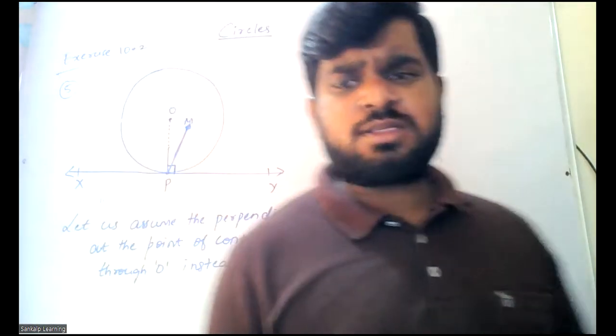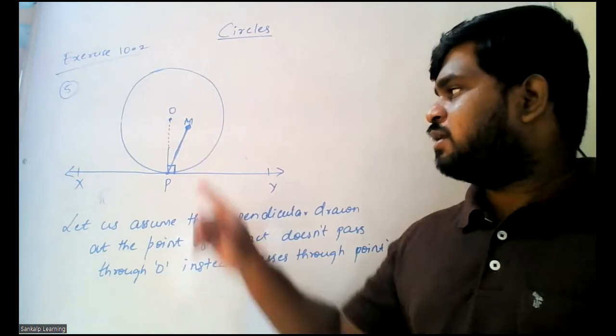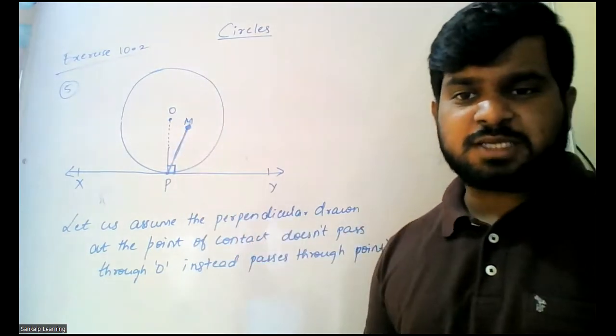No, this is not the center of the circle, very clearly. Now I have assumed that this is the perpendicular, that it is passing through M.